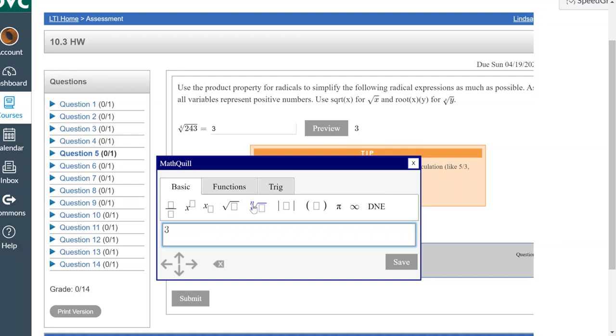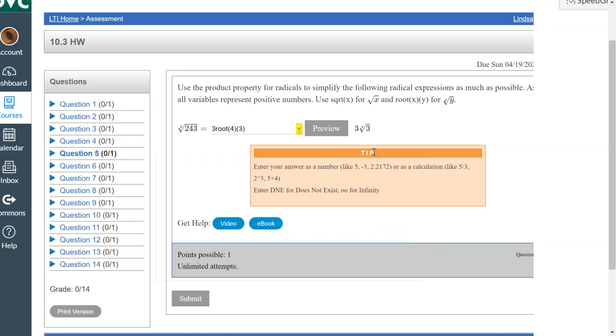But here, this root is the nth root, meaning I can put in any number up there. It defaults to a 3, but you can come back there and put in any number you want, and I want 4 because I want the 4th root. Save. Looks beautiful. 3 times the 4th root of 3. And then I'm going to go ahead and hit submit.